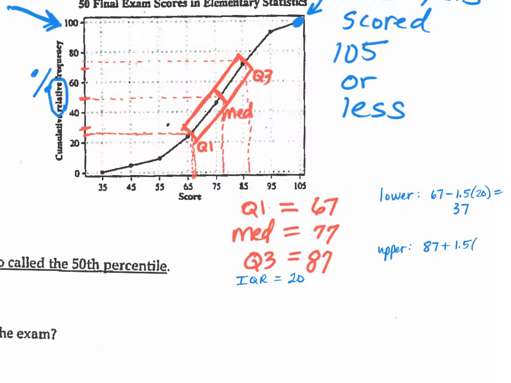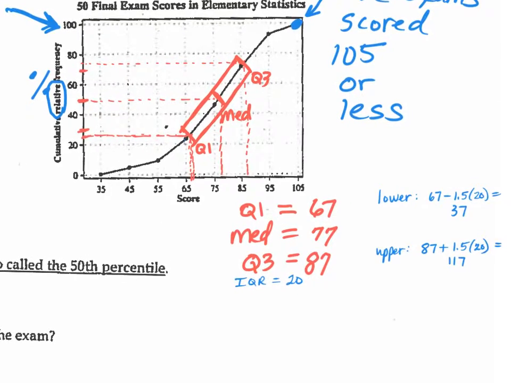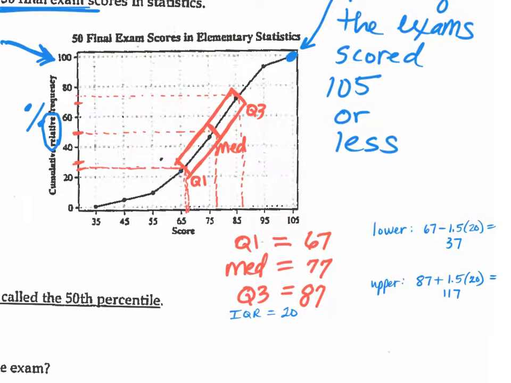Remember our little Q1 minus 1.5 IQRs and Q3 plus 1.5 IQRs. Okay, so our lower fence is 37 and our upper fence is 117. So let's go put those in there.